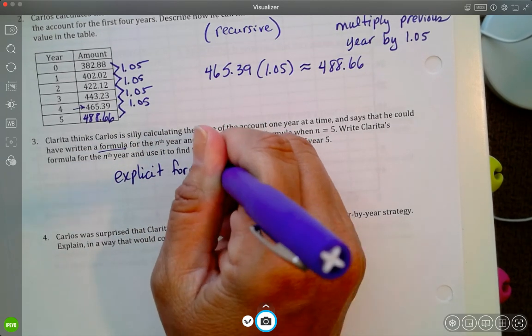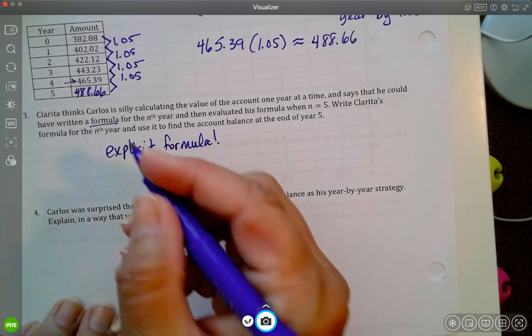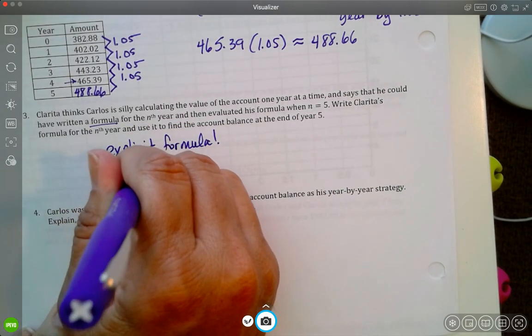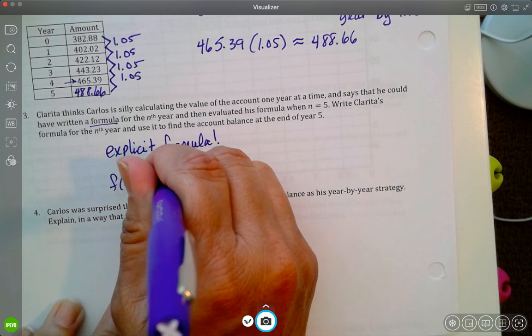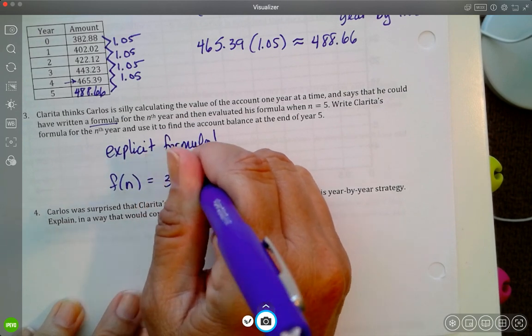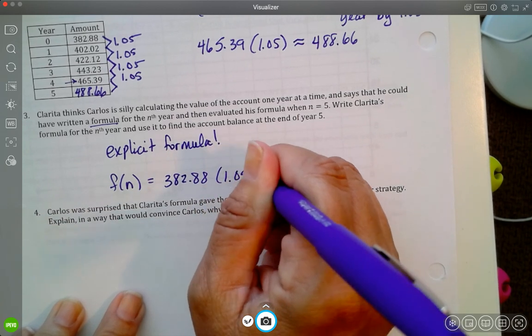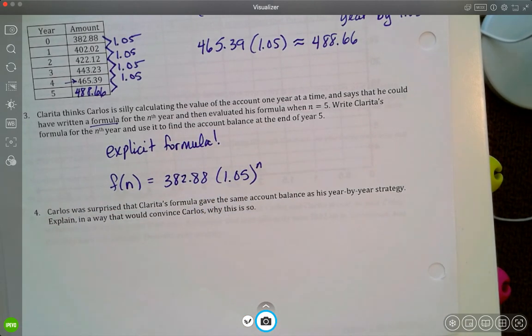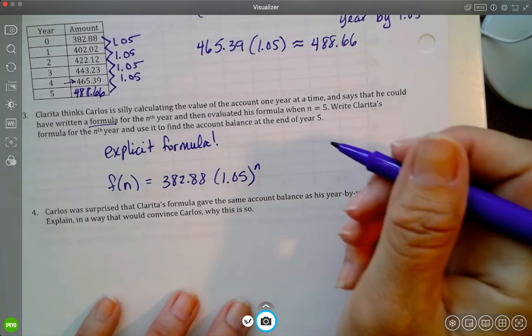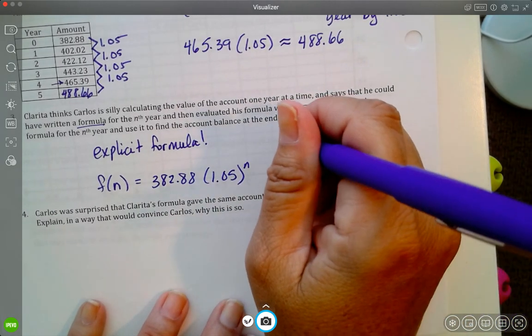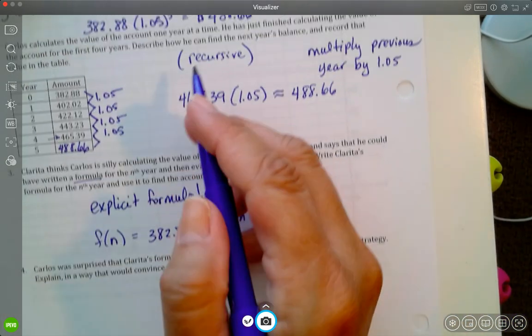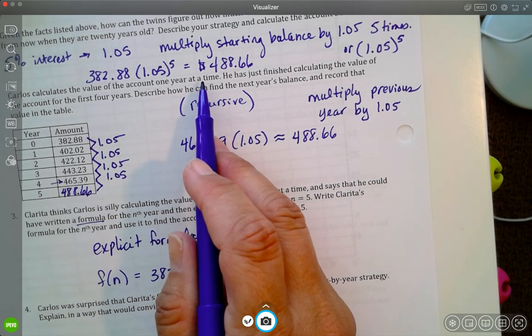That makes sense, right? So for any given year, you have your starting balance, 382.88 times 1.05 to the nth power. So whatever that is. We actually did that up here, and we got the same amount that he got.